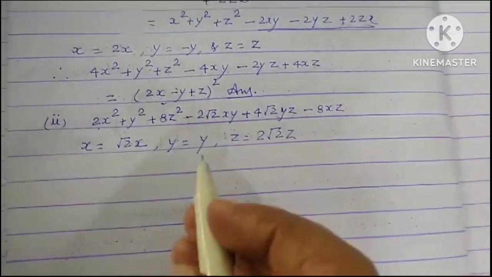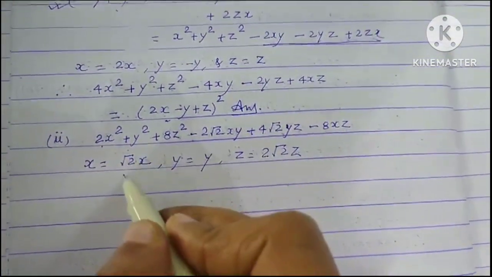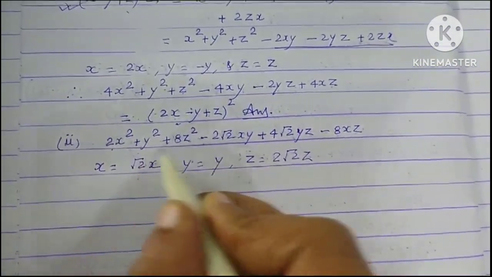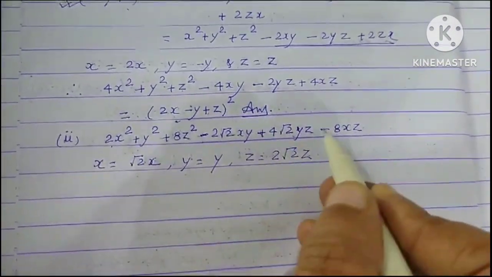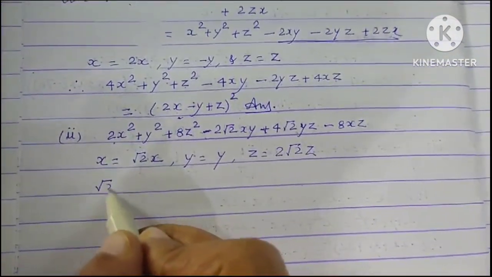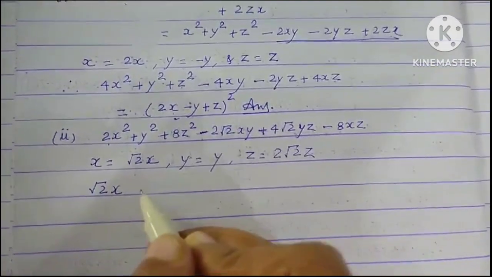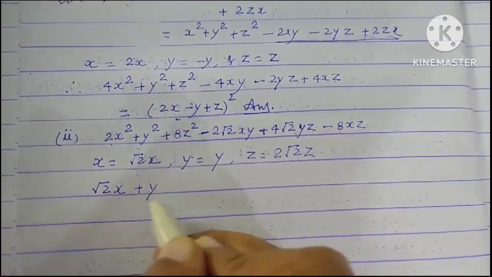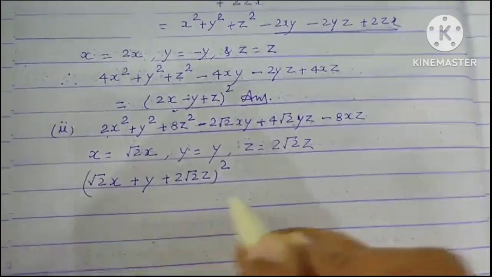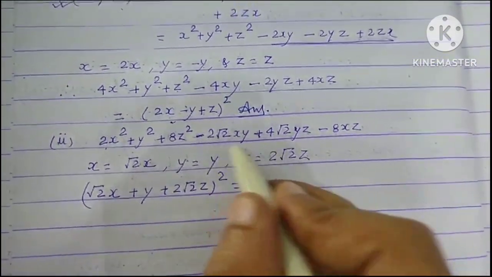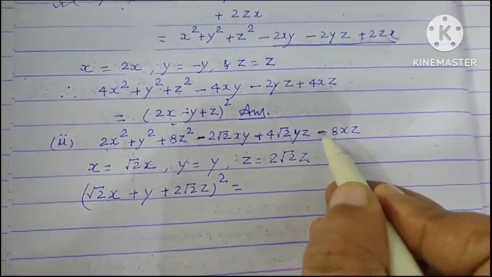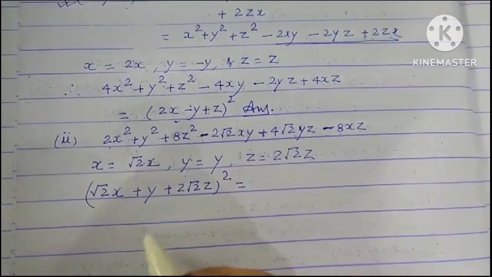Now let us come to this one. This expression is here minus and here plus, here minus. So if we write it like this, root 2x plus y plus 2 root 2z whole square, it will come out to be all the places plus, plus and plus. But since we have to bring minus here and minus here, we will do a little bit of modification.